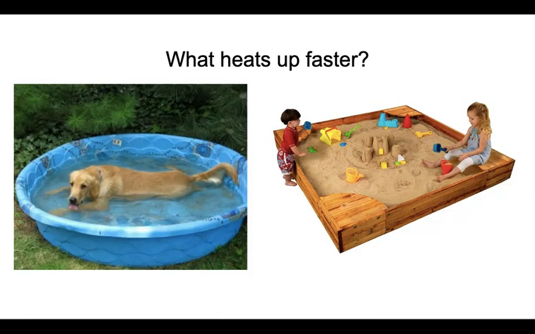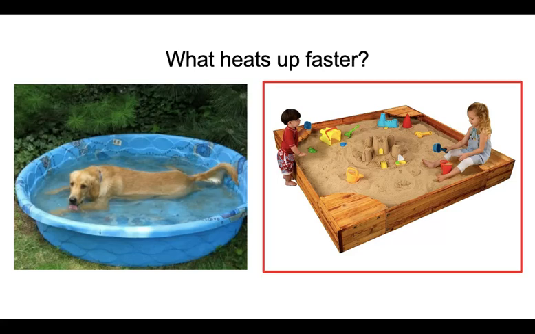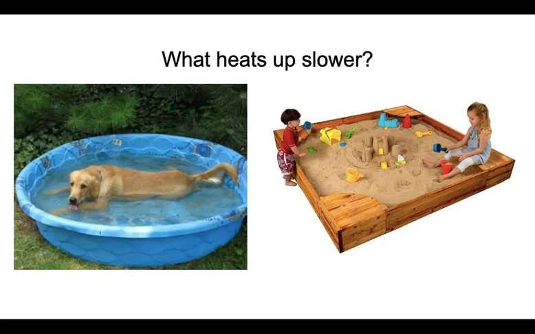Let's think of this: a kiddie pool versus a sandbox. In the daytime, when the sun is shining bright, which of these heats up faster? The sandbox. Which of these heats up slower?